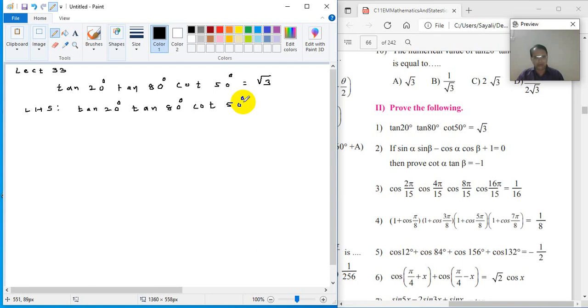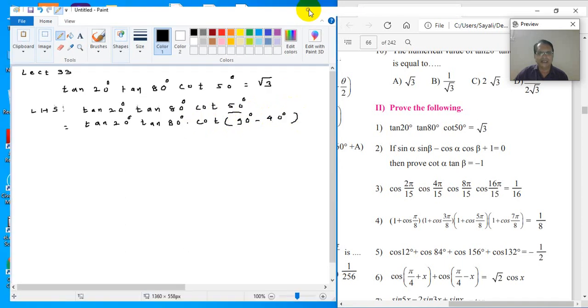Now what we can do is this: this 50 is 90 minus 40, correct? So I can write this as tan of 20 degrees into tan of 80 degrees into cot of 50 degrees, which you can write as cot of 90 degrees minus 40 degrees. I will enlarge the screen.